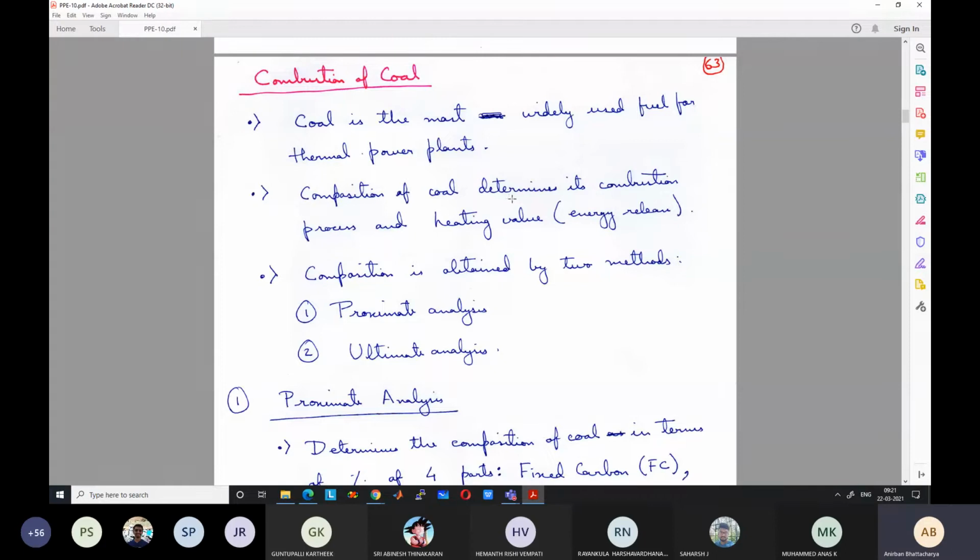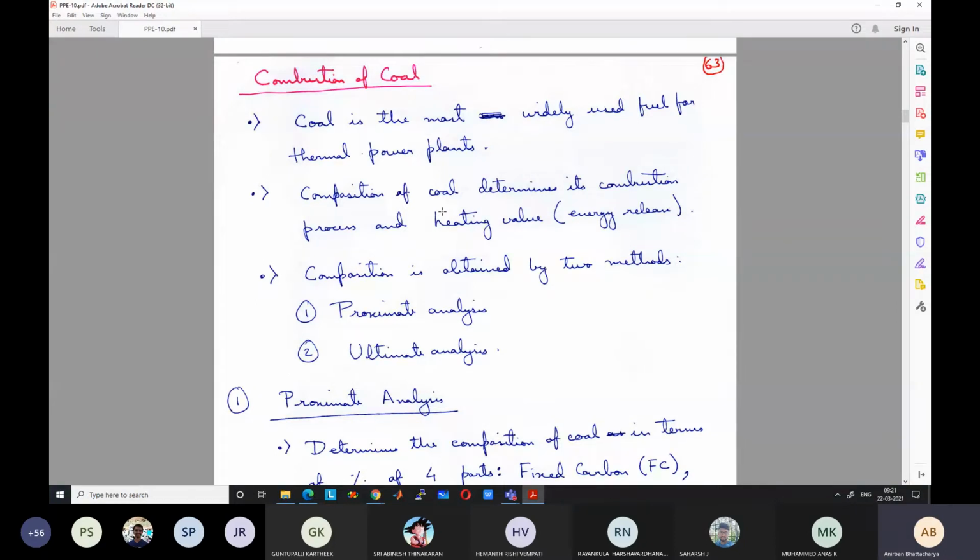So coal is the most widely used fuel for thermal power plants, and there are different types of coals. These are not discrete types of coals, containing exactly a certain amount of carbon, exactly a certain amount of oxygen or nitrogen.